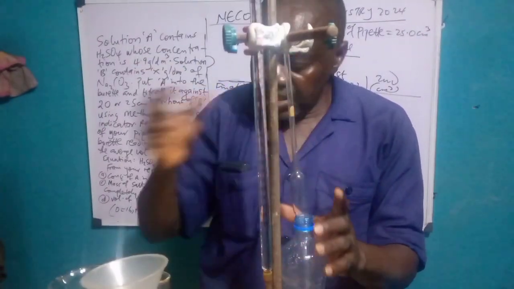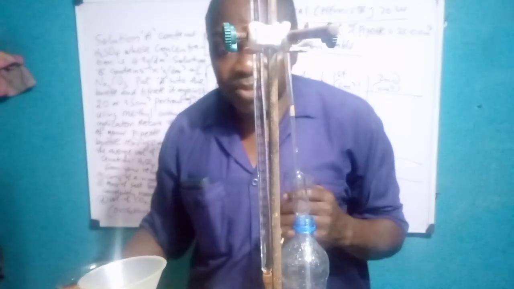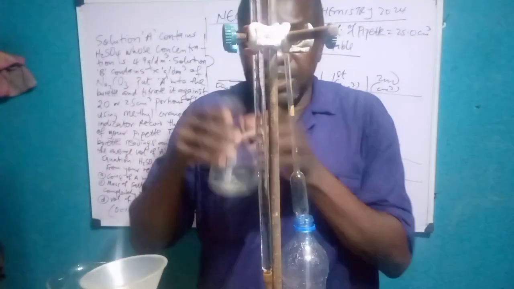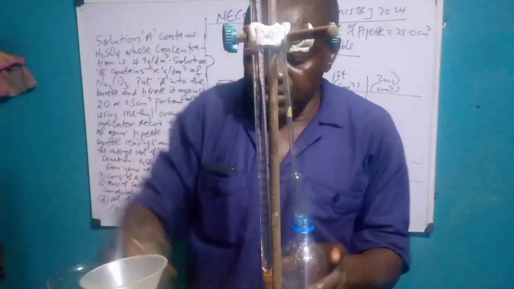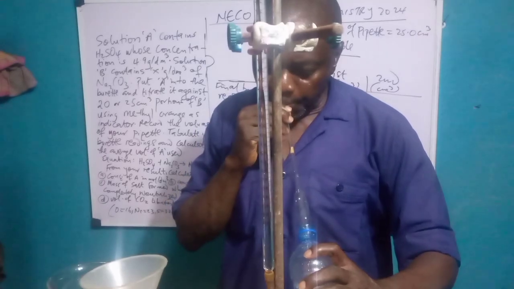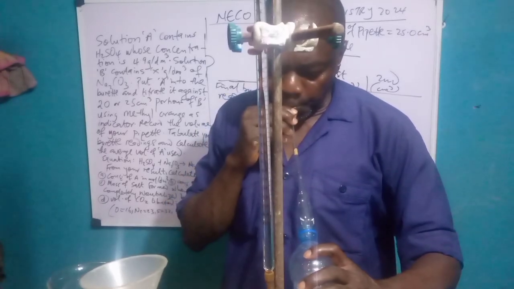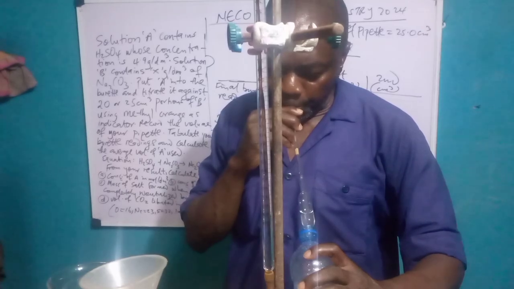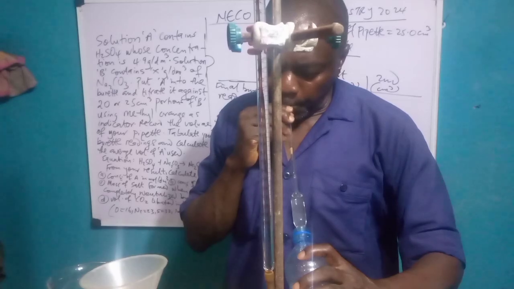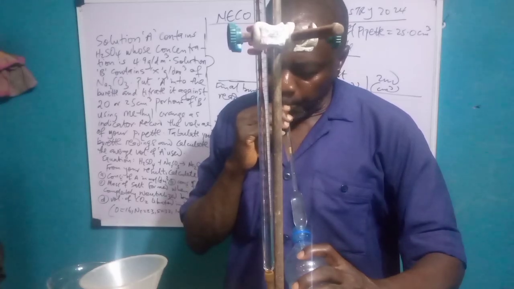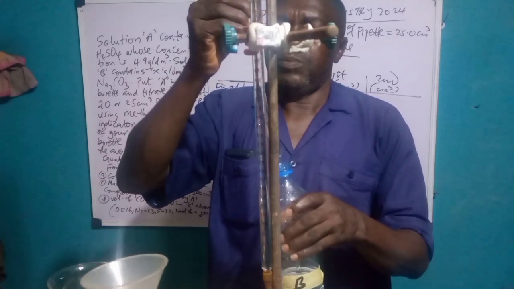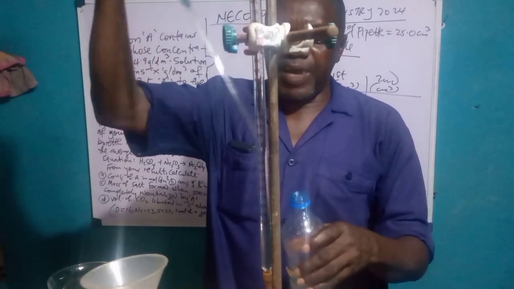So before I start, I have to rinse. Remember, I've rinsed the burette with the solution to be put in it. I have to rinse the conical flask with water. It must always be neutral. Discard it. Then I now start my work. Exactly 25.